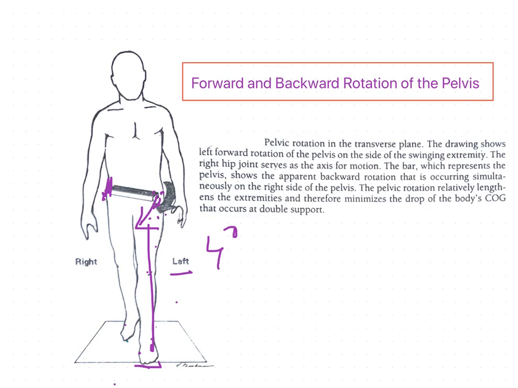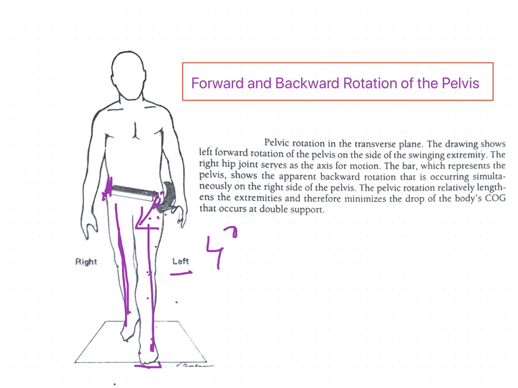Okay. In the pre-swing, this one is also lengthening. So the result of pelvic rotation is an apparent lengthening of the lower extremities. One is in the swing phase which is going to lengthen, as well as another one is in the stance phase that is pre-swing stage.